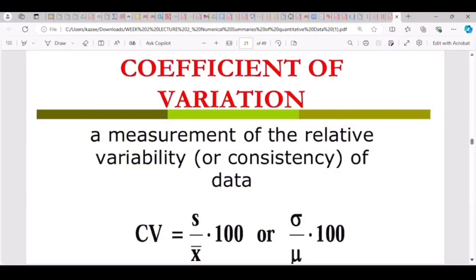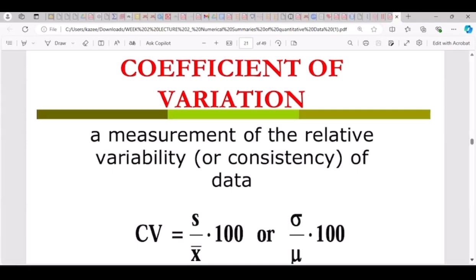This measure is very common in stock returns analysis because the measure of risk in stock return is standard deviation. I'm going to say that again. Standard deviation is a measure of risk in stock analysis.